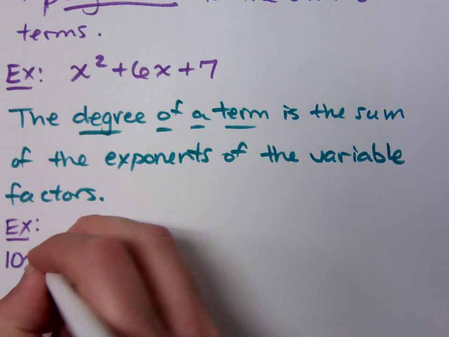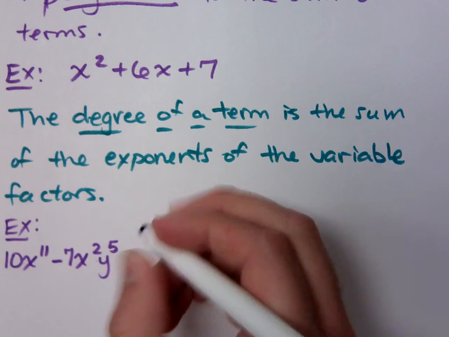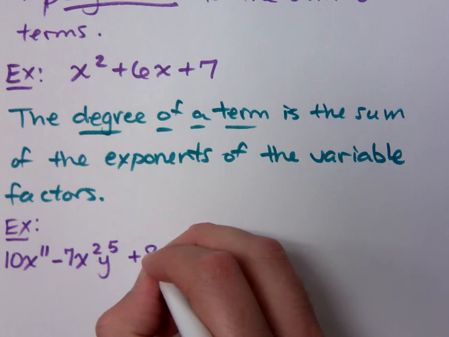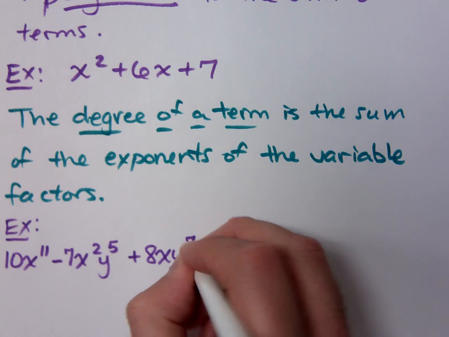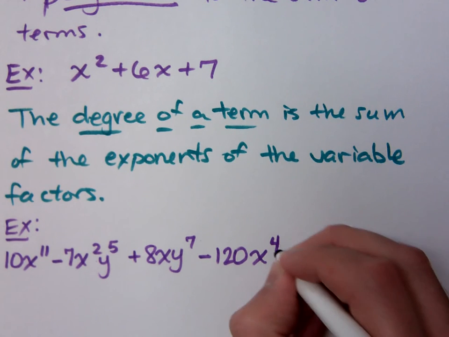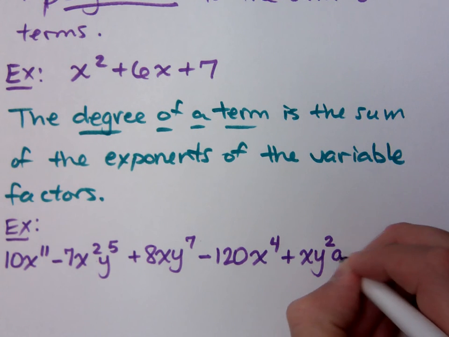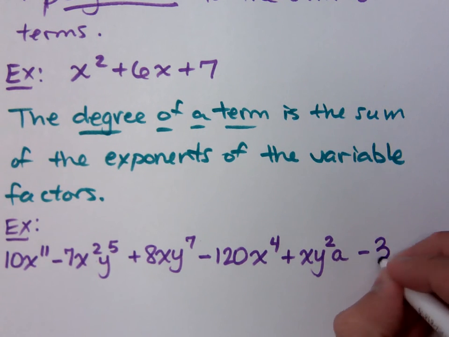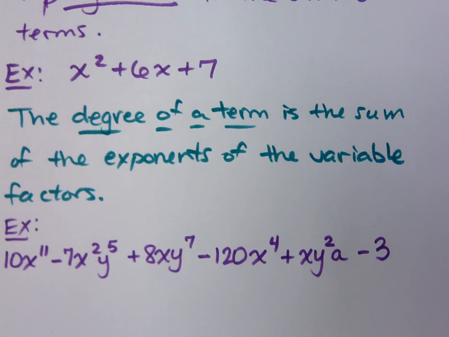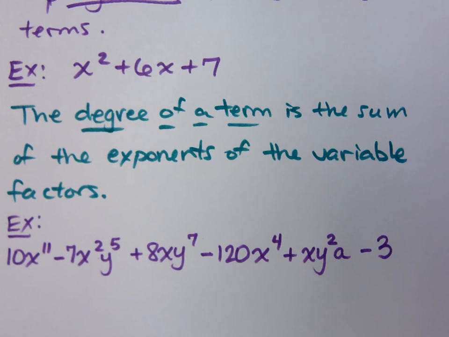So let's try this. 10x to the 11th minus 7x squared y to the 5th plus 8xy to the 7th minus 120x to the 4th plus x y squared a minus 3. How many terms are in this polynomial? I've got 6 terms. Okay.